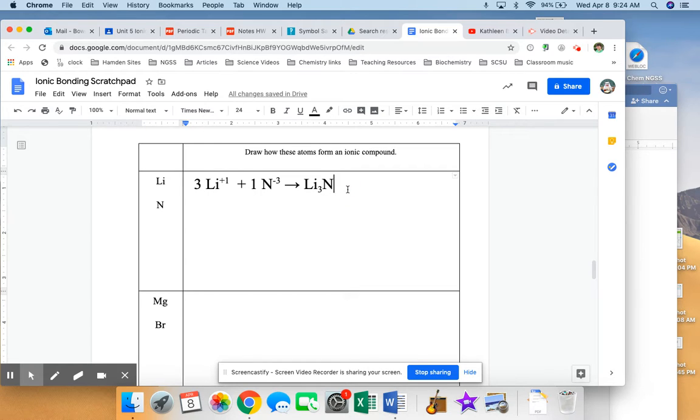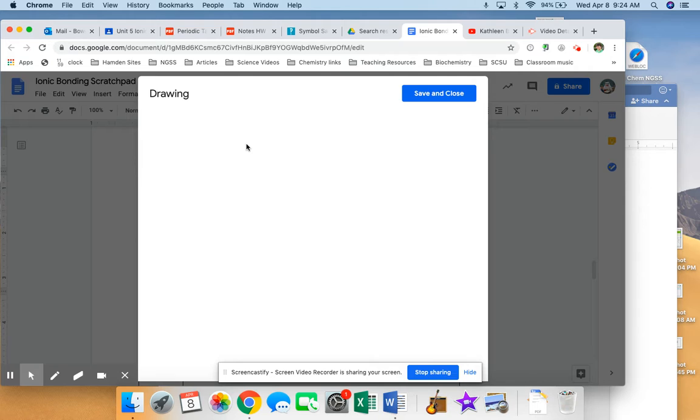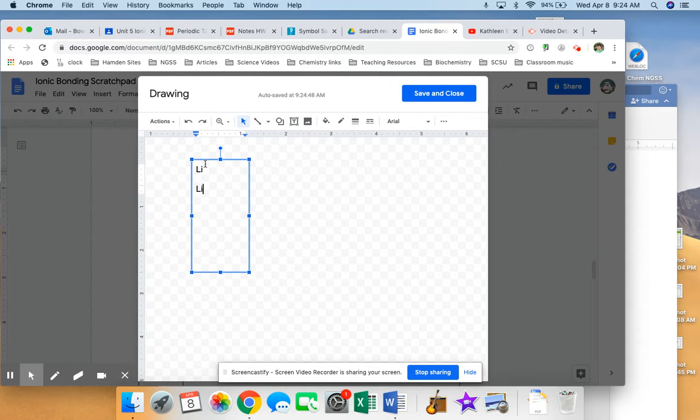So when we're drawing how these are going to form an ionic compound, we're going to need 3 Li's and 1 N. Knowing how many you're going to need at the beginning might help you. So I'm just going to insert a drawing to show you how to make these. We're going to need 3 Li's, so I'm going to make a text box that has Li and Li and Li, and I'll make these bigger.